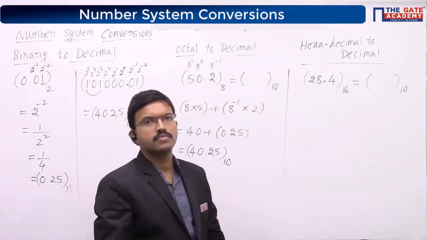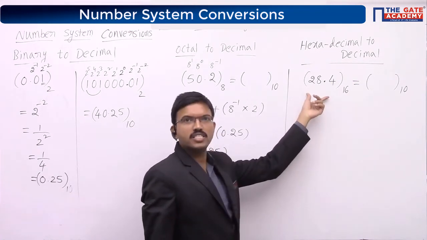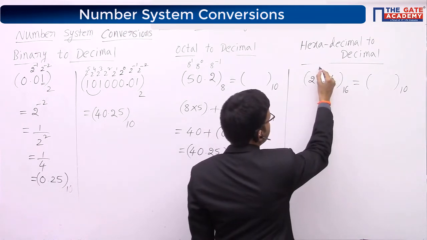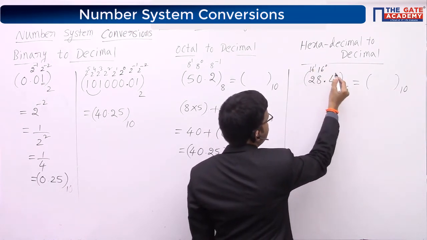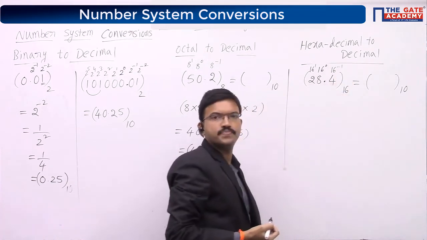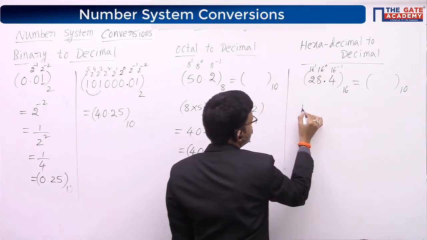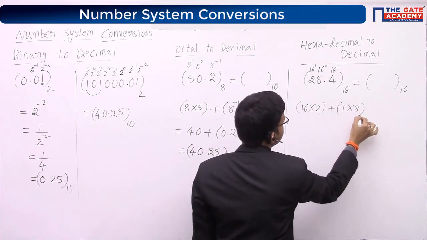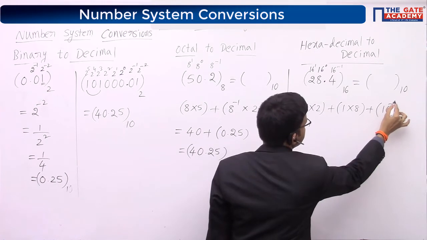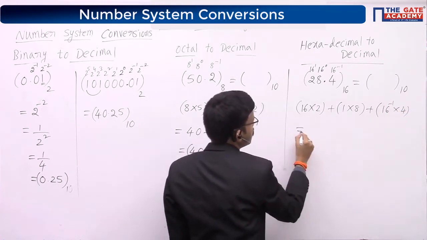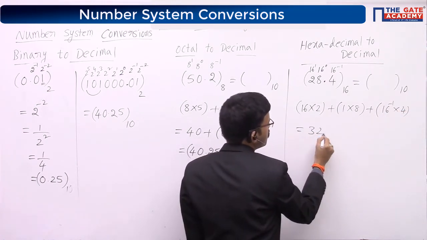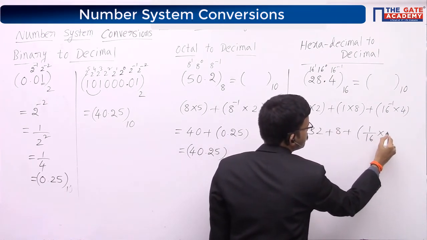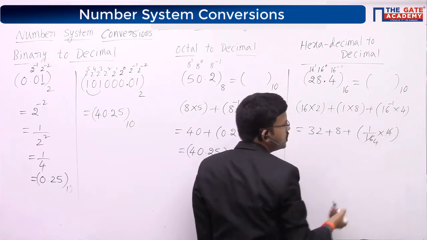Here you have to put the position weights in powers of 16: 16 power 0, 16 power 1, here 16 power minus 1. 16 2s are 32, plus 1 into 8, plus 16 power minus 1 into 4. 16 2s are 32, plus 8, plus this one you can write as 1 by 16 into 4. 4 4s are 16.